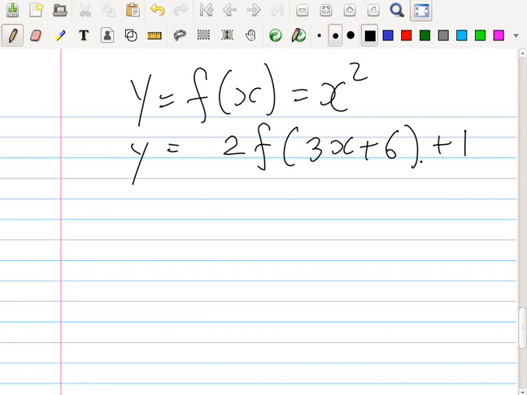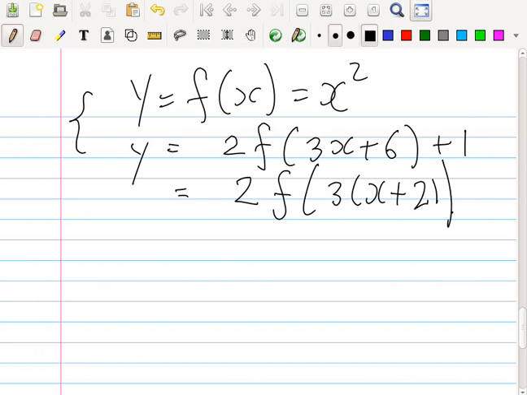Now, first thing you need to do, this is given, yeah, is you need to write this in the usual form, which is 2f(3(x plus 2)) plus 1. Do you see what I did there? I took the 3 out from these and put it in the front here.